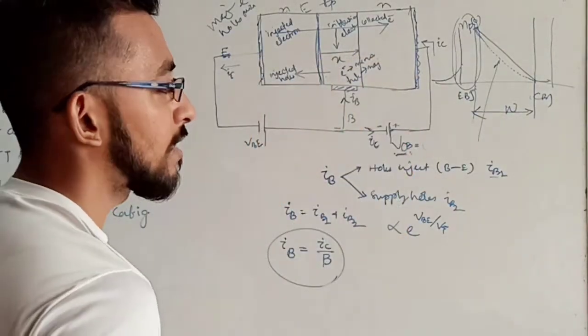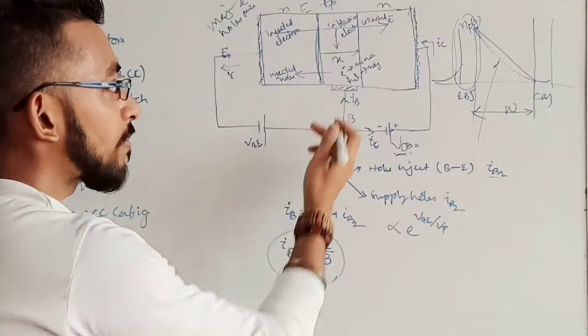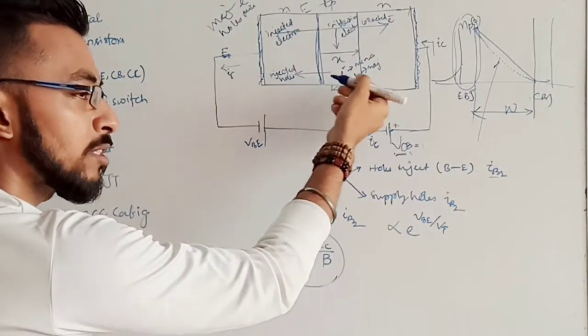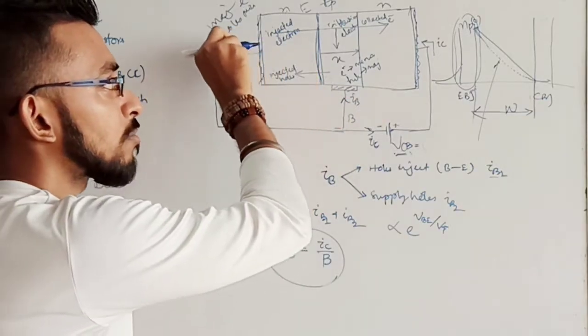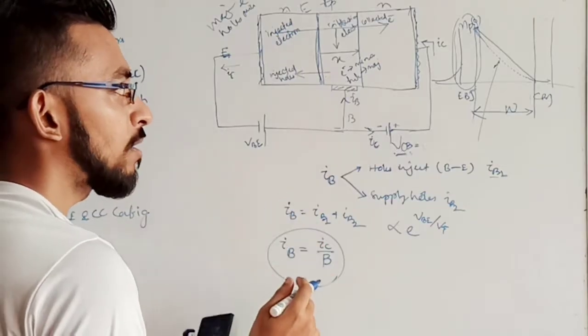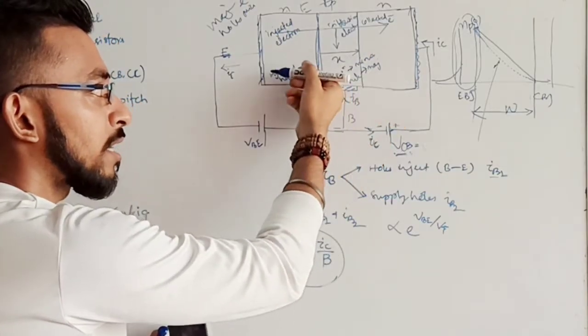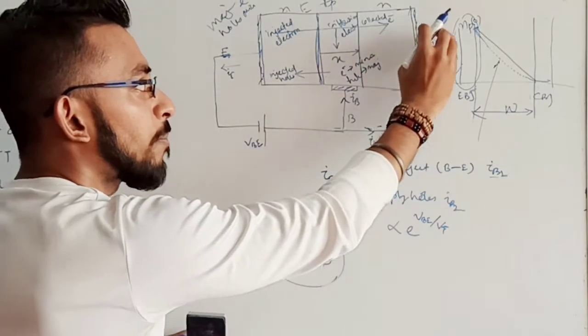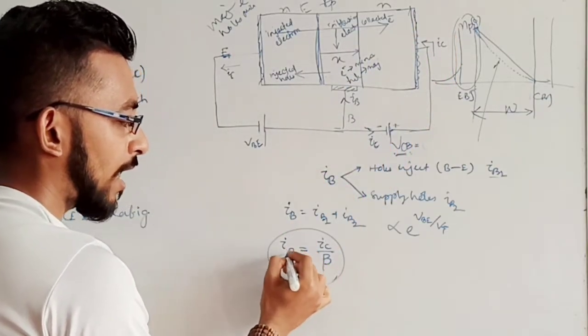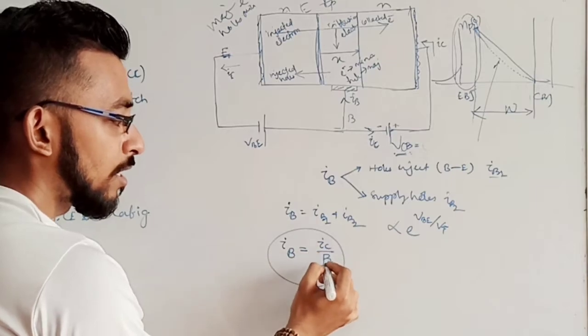This is the IC direction. My IB will also flow in this direction, because holes are moving in this direction, meaning current is in this direction. Electrons are moving from left to right, meaning current is opposite to that direction. So overall my base current will be in this direction, and this current is some fraction of the collector current. That's why I have written IB is nothing but IC upon beta.